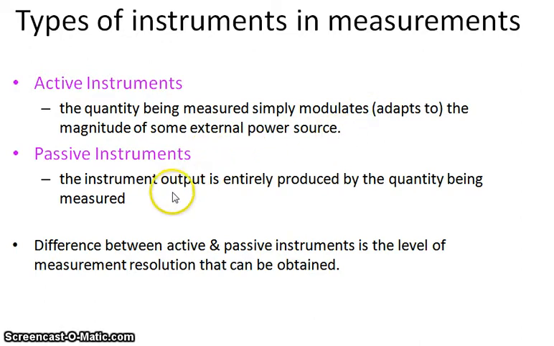In a passive instrument, the instrument output is entirely produced by the quantity being measured. That means active instruments can directly produce the output, whereas passive instruments need some other devices to convert this output. The difference between active and passive instruments depends upon the level of the measurement resolution.